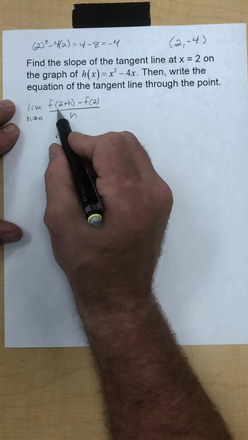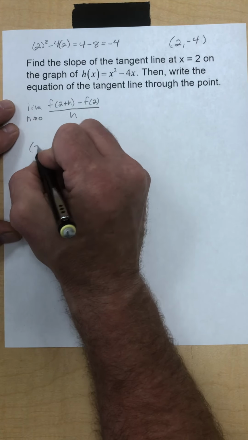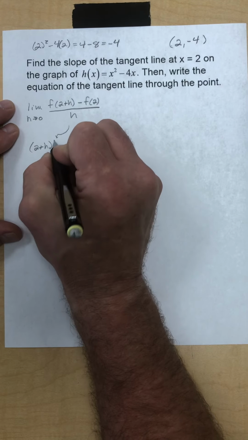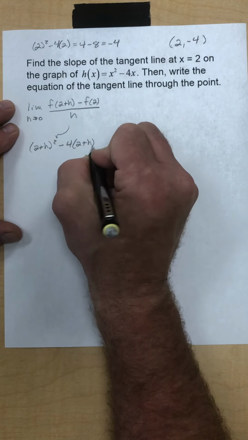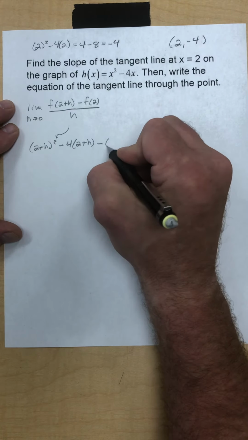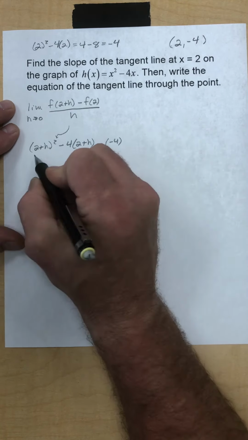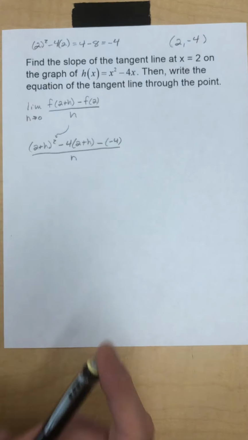So f of 2 plus h: I put 2 plus h in here, so we get 2 plus h squared minus 4 times 2 plus h, minus f of 2. Well, we know f of 2 is -4, all over h.